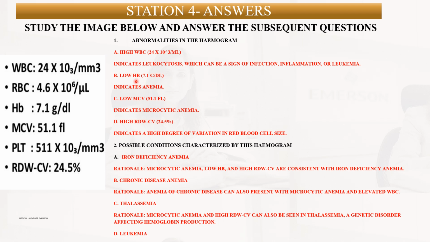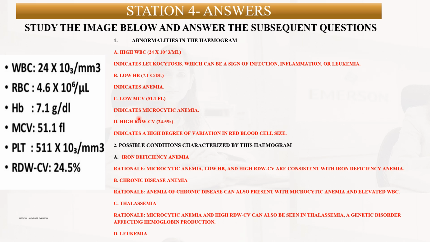The patient has a low HB of 7.1, which can indicate anemia. Then the MCV is also low, at 51.1, which indicates microcytic anemia.